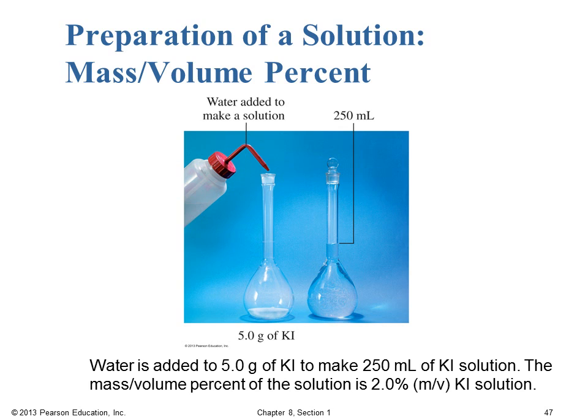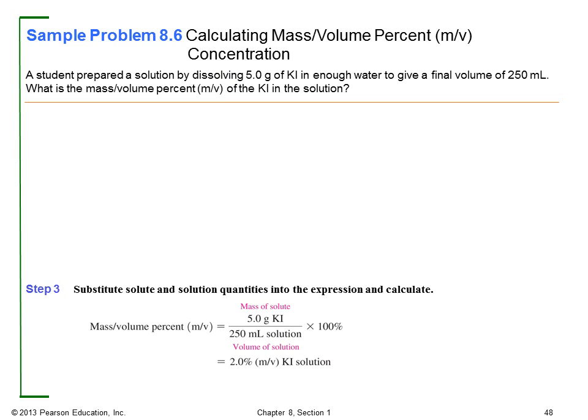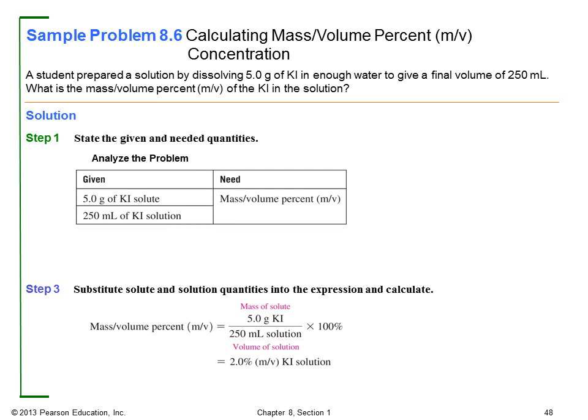So in this example here, we see that if we add 5 grams of potassium iodide, and we make 250 milliliters of solution, what we would do is put the 5 grams of potassium iodide in and fill up the volumetric flask to 250 milliliters, and then we would get a mass volume percent of 2%. And that is shown here.